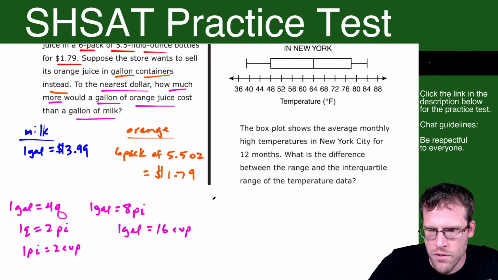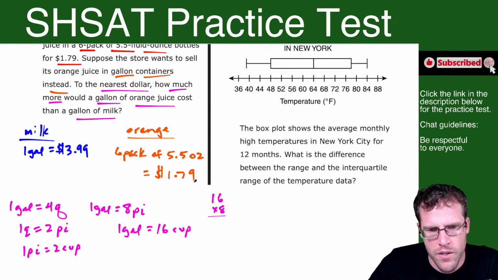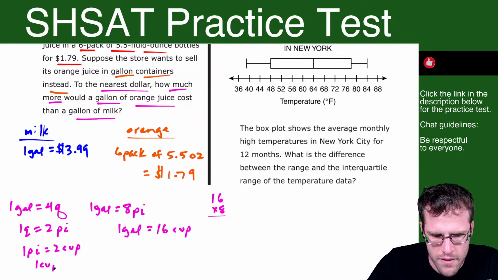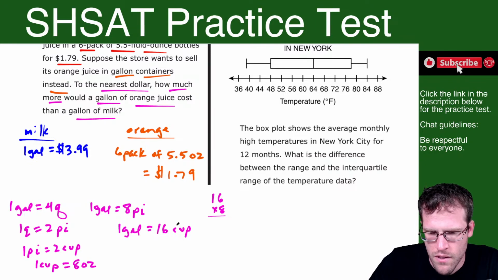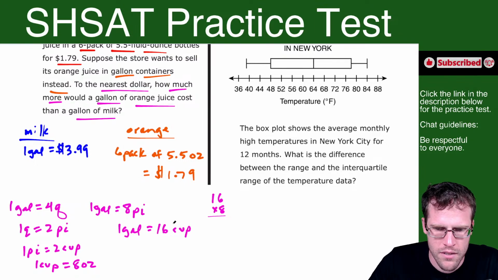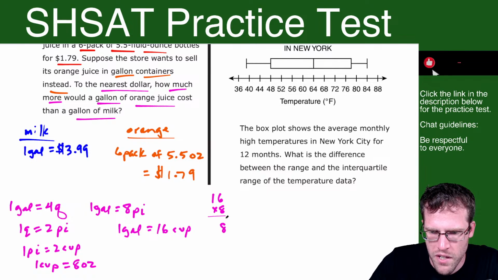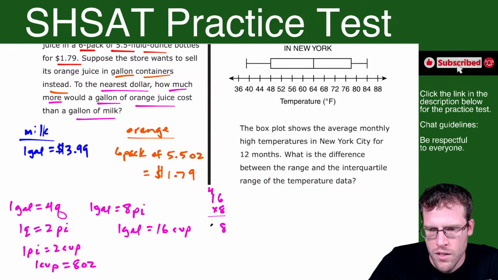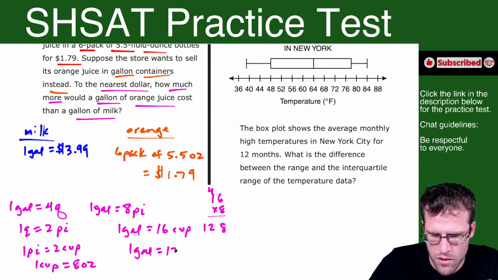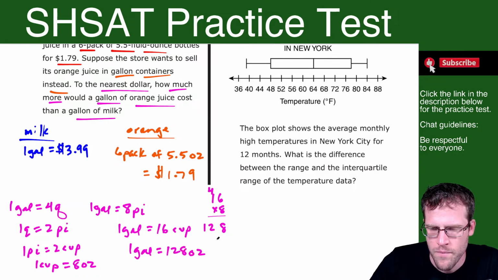So here I would do 16 times 8, and that'll tell me how many ounces we have. 6 times 8 is 48, carry the 4, and then we get 128 ounces. So 1 gallon is 128 ounces.